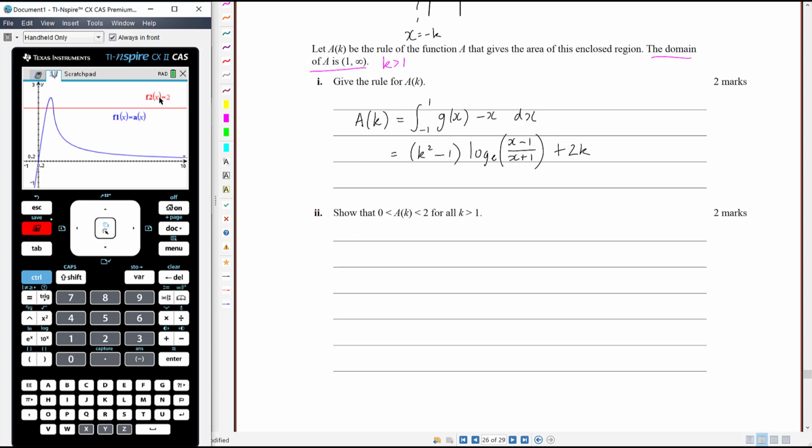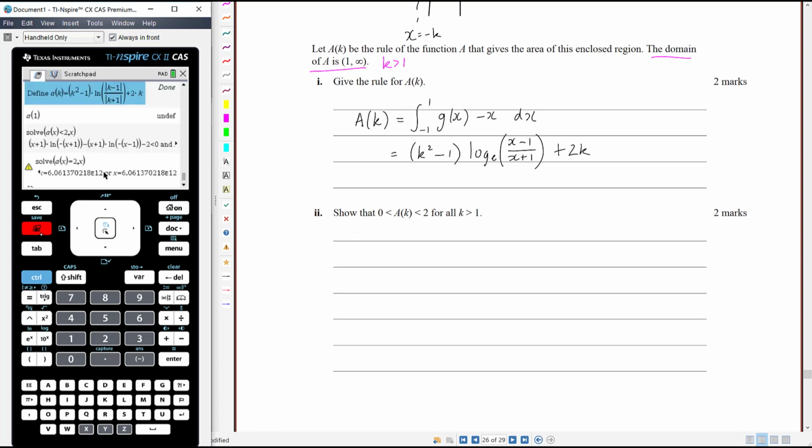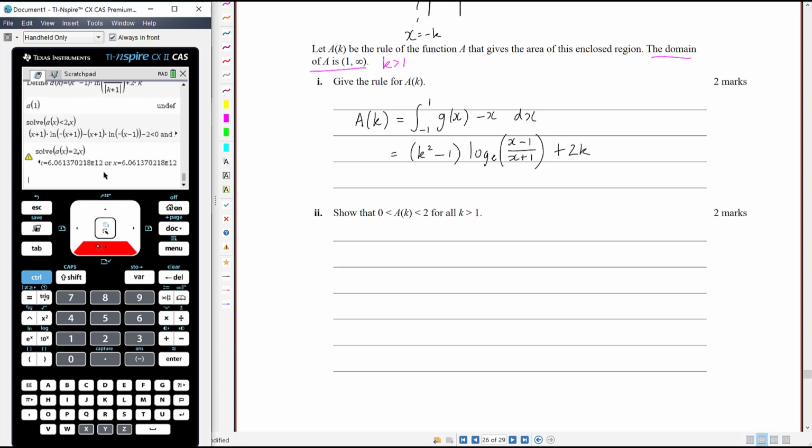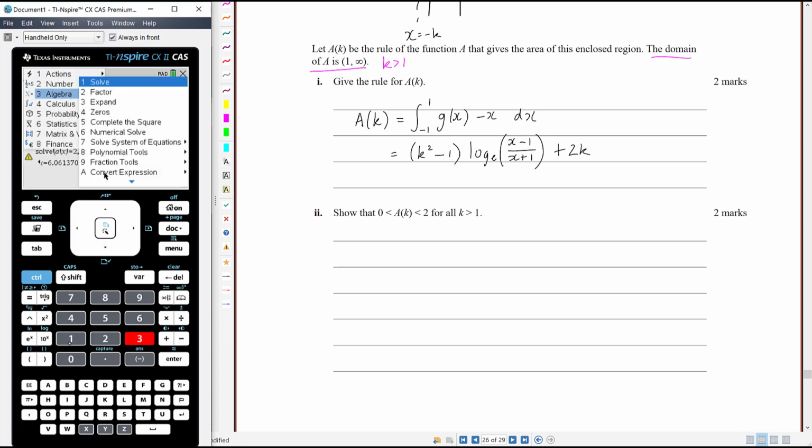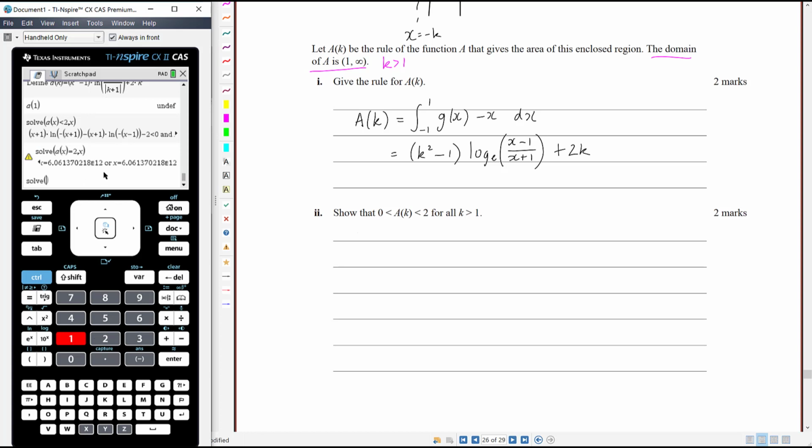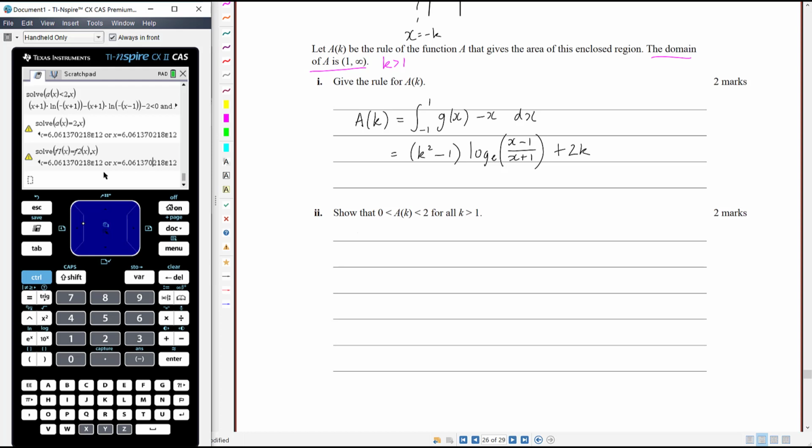Okay, if I were to solve f1 of x equal to f2 of x for x, yeah, we get those same solutions, and they're really not helpful because we've got that scientific notation.